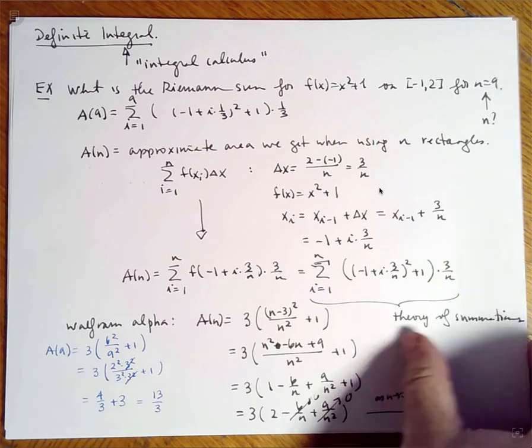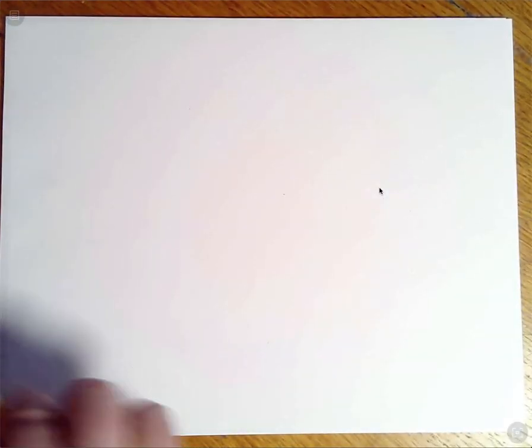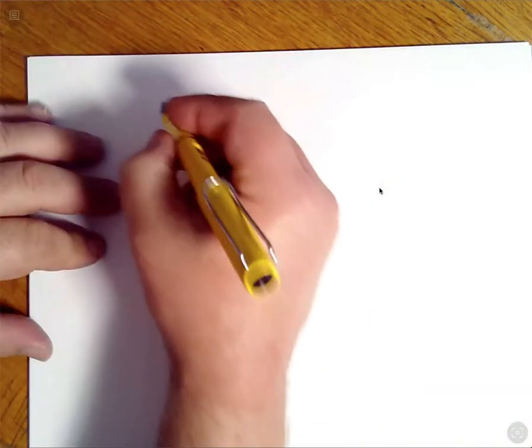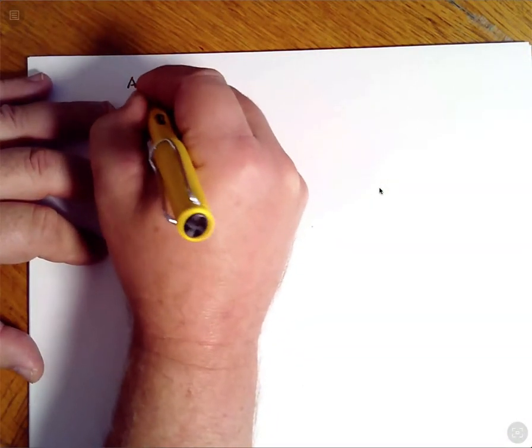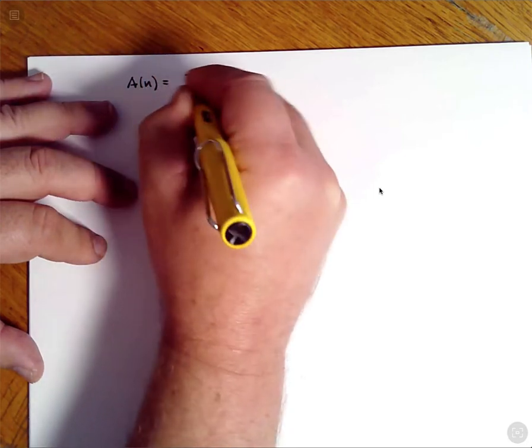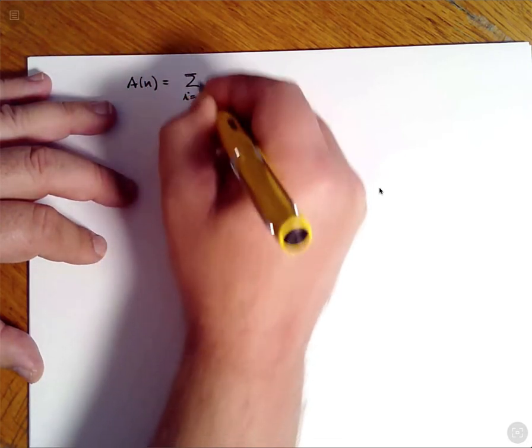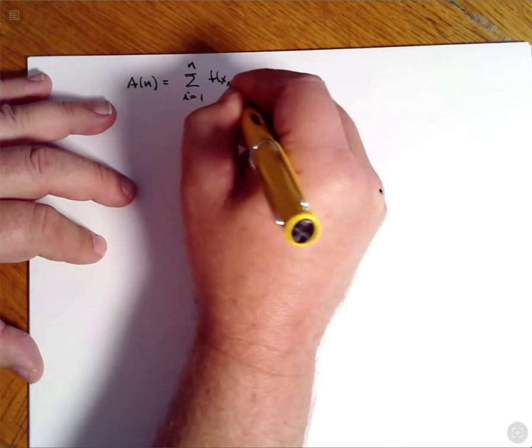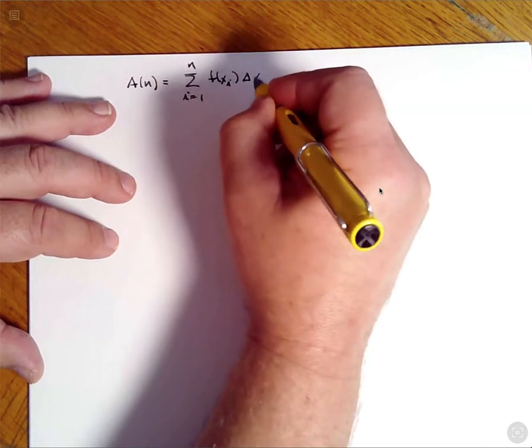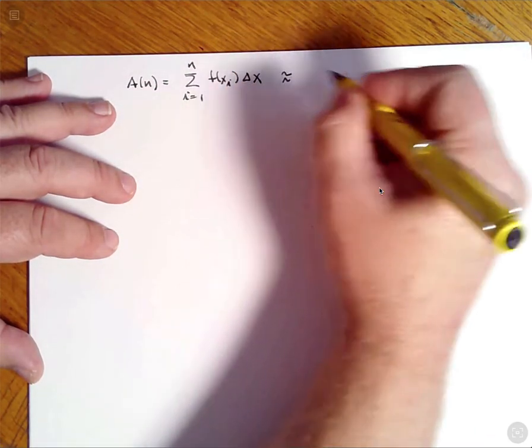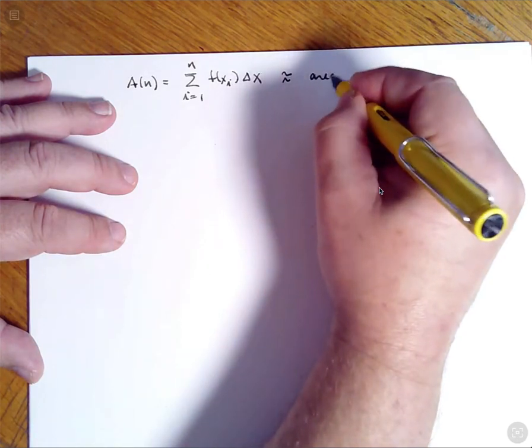So let me write that in a different way. A_n is the Riemann sum, and that's approximately equal to the area under the curve.